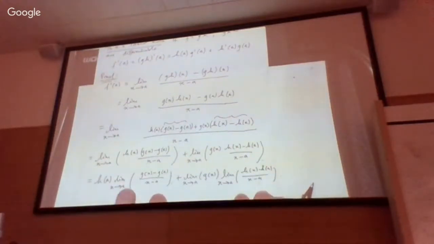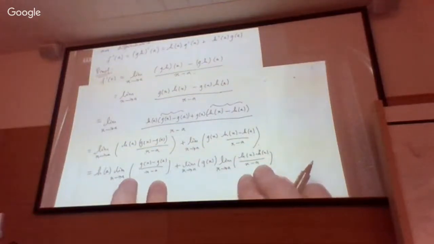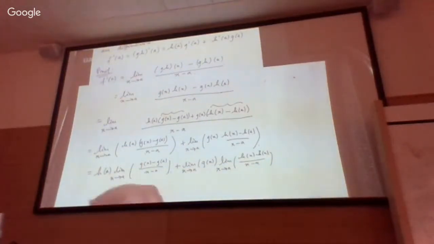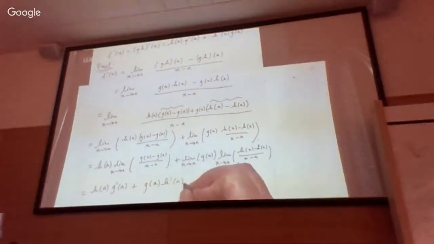And these two other limits here, they're exactly the derivatives of those functions by the definition. So we've got this constant h of a multiplying the derivative of g at a. The limit as x approaches a of g of x, well, since g is continuous, that's g of a. And the limit as x approaches a of this quotient, that's exactly the derivative of h at a.